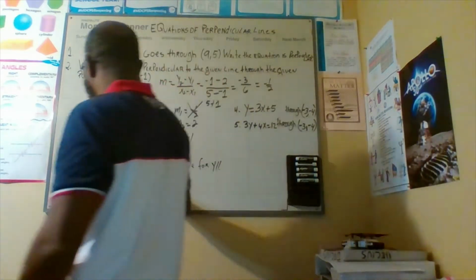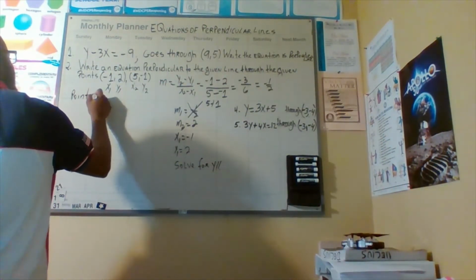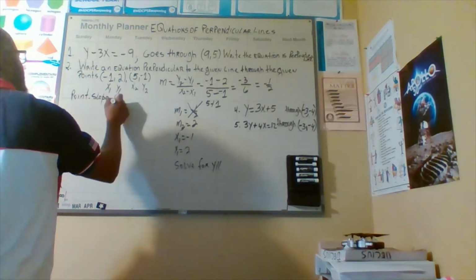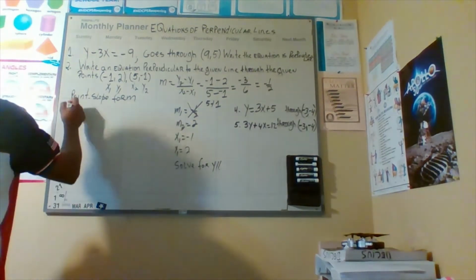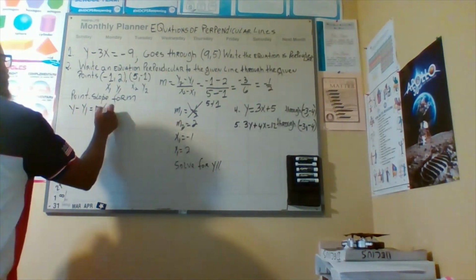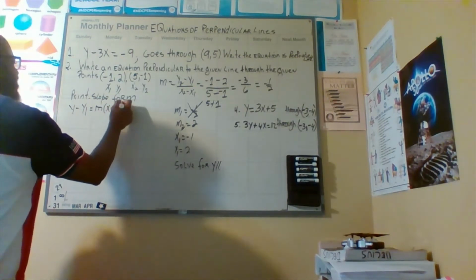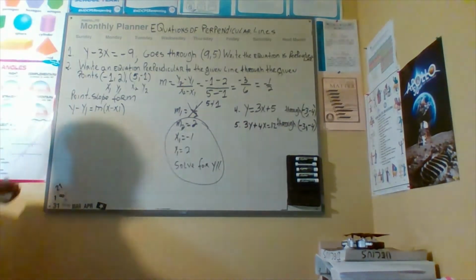Then I'm going to write my point-slope formula. Those are the two steps that you must use: y minus y1 equals m times x minus x1. Since I've already identified those, I'm going to insert them here.